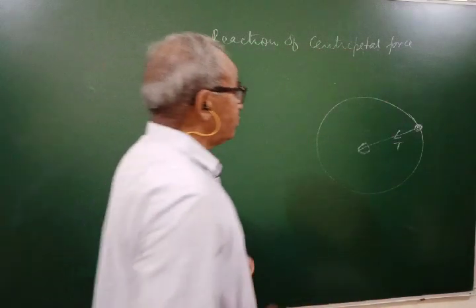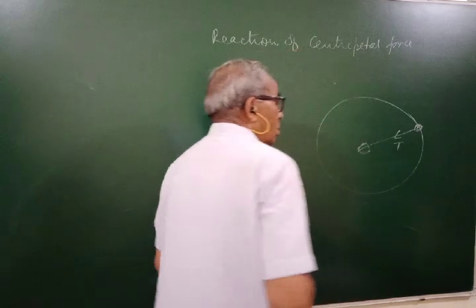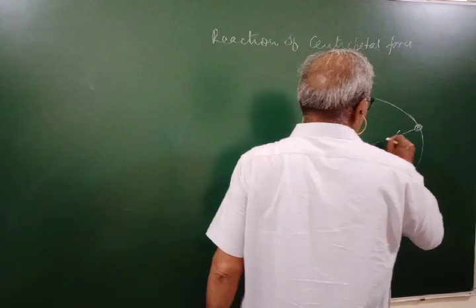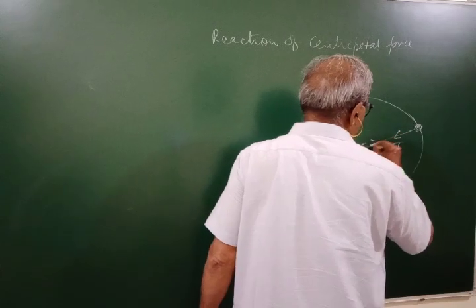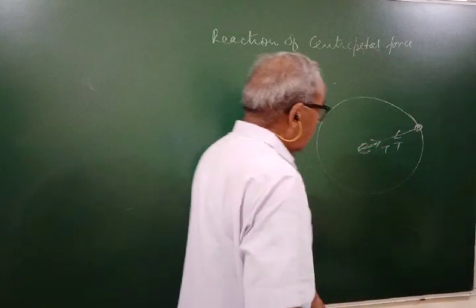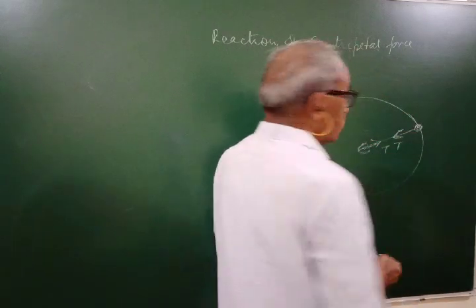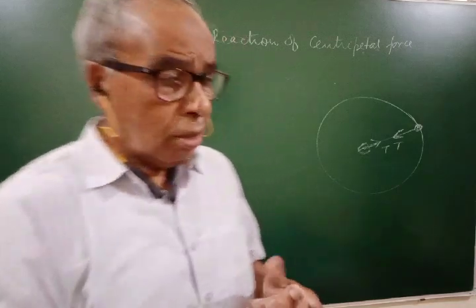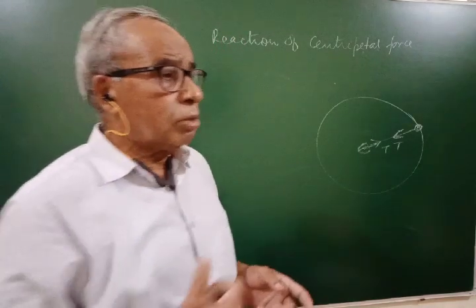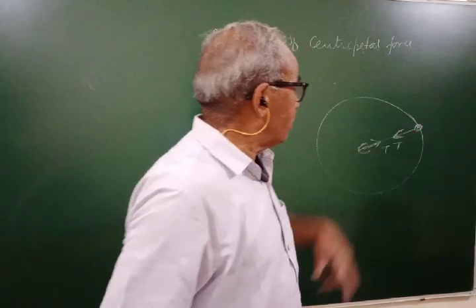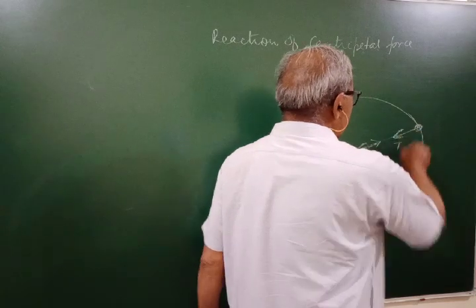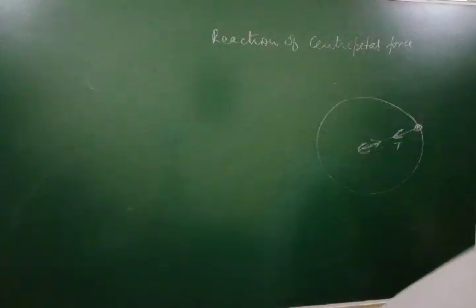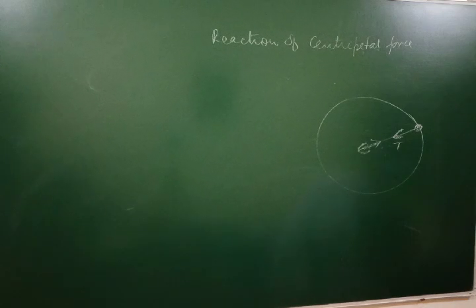When you pull it inward, the force applied by our hand to pull the string inward is one force, and the tension in the string outward is another force. So that provides the necessary centripetal force. To every action there is always an equal and opposite reaction.